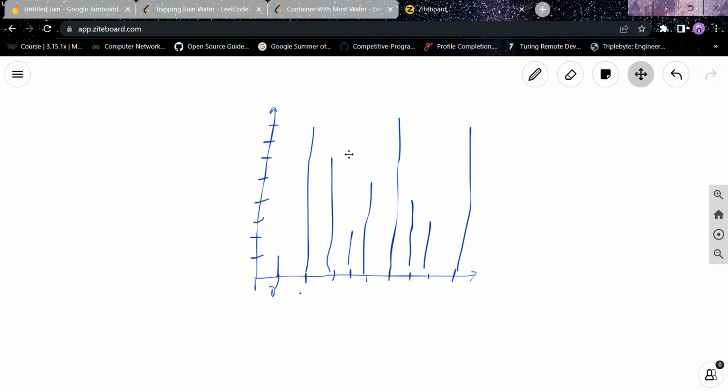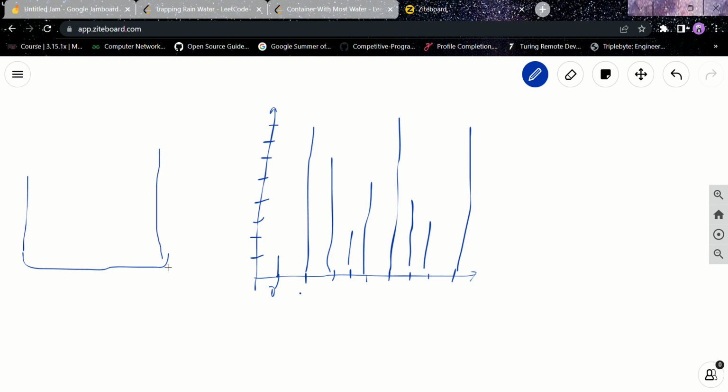First of all, if a container has maximum area, it means it will have the maximum base along with a maximum height also.